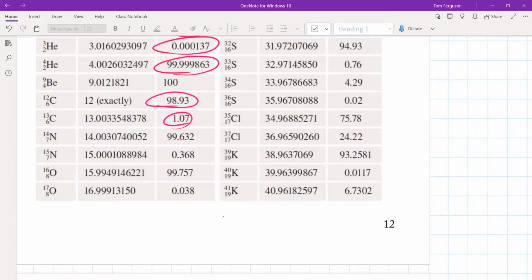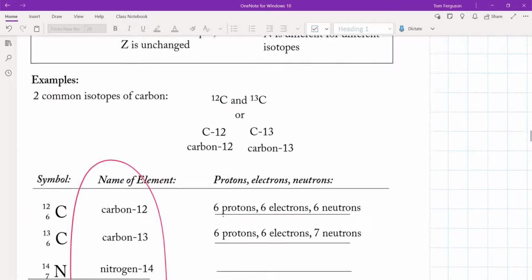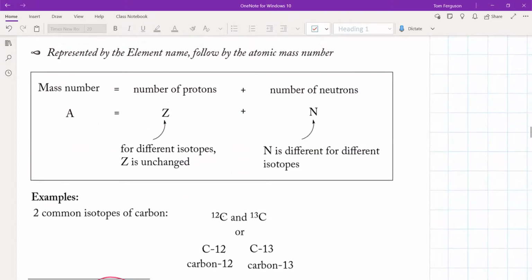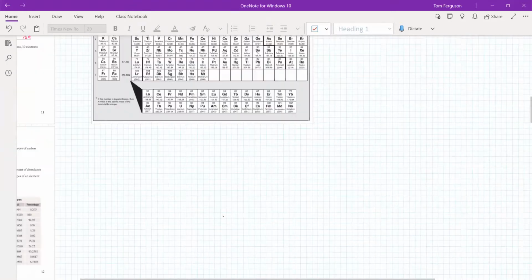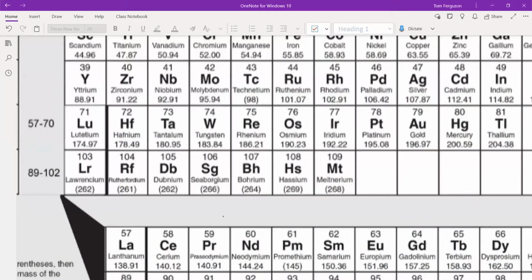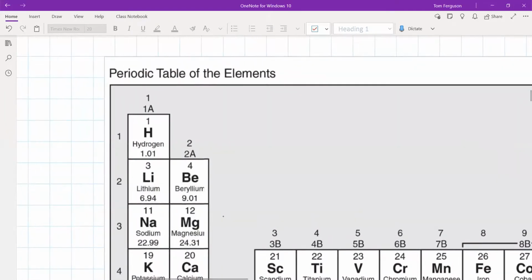So these ratios give rise to these decimal numbers in the periodic table. If we go over to hydrogen, notice hydrogen is 1.01.